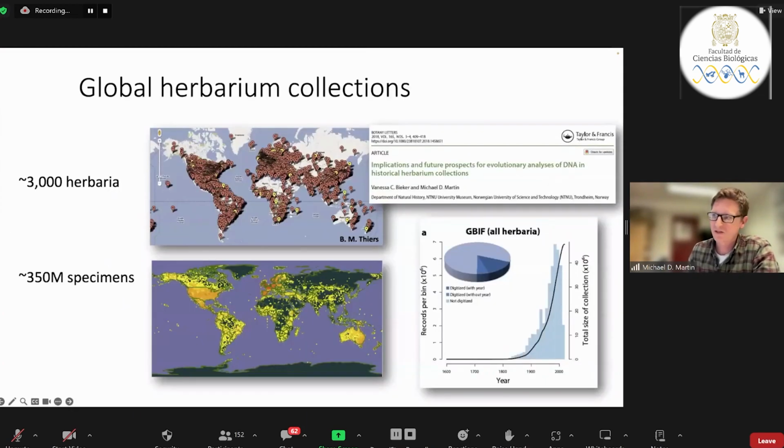And these collections are actually quite extensive. There are estimated to be around 3,000 herbarium collections around the world. And there's a total of something like 350 to 400 million plant specimens contained within these collections. We know that these collections started to be put together in Europe, at least as early as the late 1500s. So an extremely early time in science history.